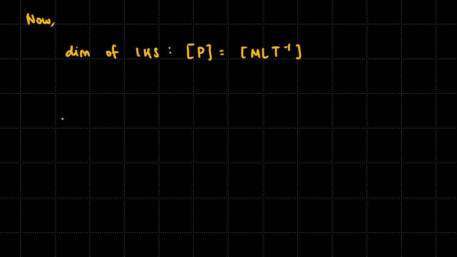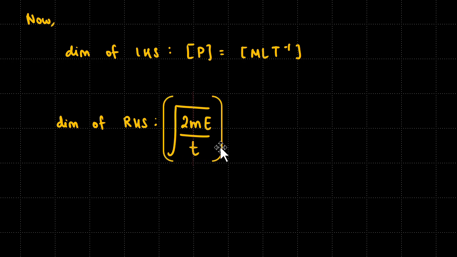So now let's find the dimension of RHS, which will be 2mE by t square root, and let's put a bracket over it because it looks prettier that way. So now the dimension m, 2 does not have a dimension. The energy has a dimension of L squared T minus 2. Finally, time has a dimension of T.